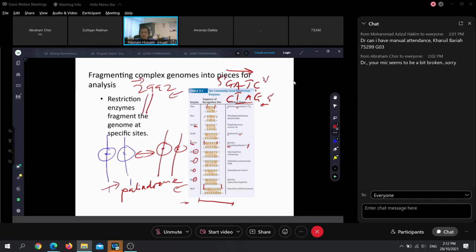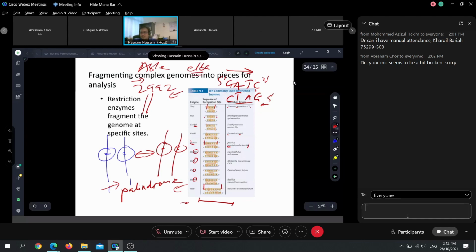Okay, for example, you can search on the internet not only for restriction enzymes, even words or sentences can also be palindromic. Like "Able was I ere I saw Elba". Elba is an island, or a brand name for your jeans or your t-shirt or whatever.